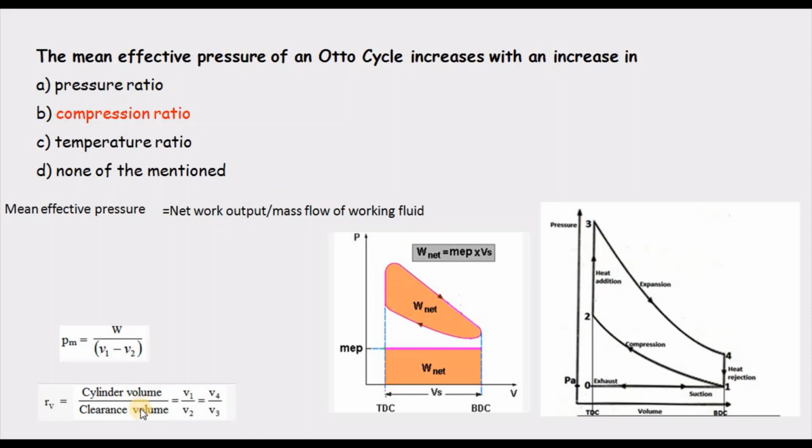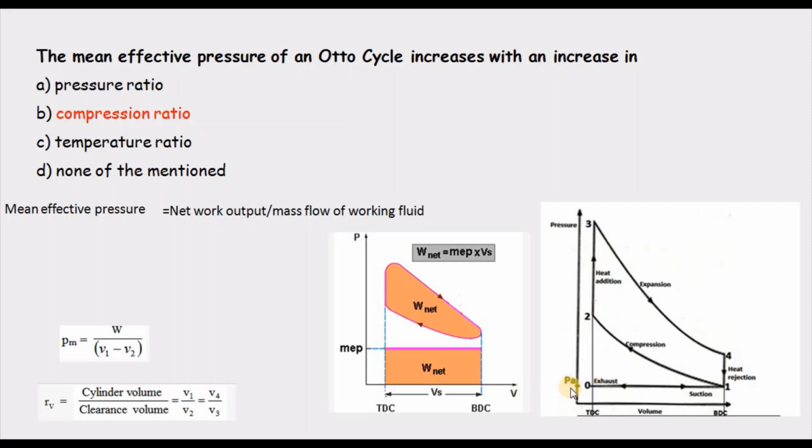The temperature ratio is the ratio of the maximum temperature to the minimum temperature. So the compression ratio is the ratio of cylinder volume V1 to clearance volume V2.